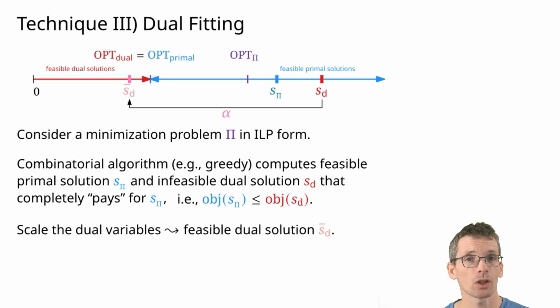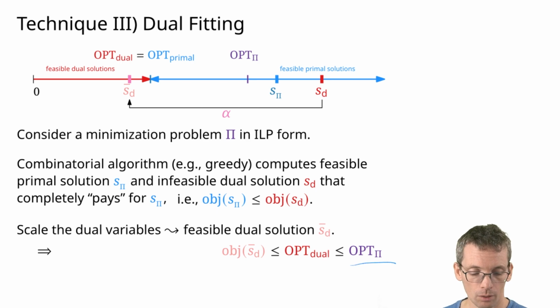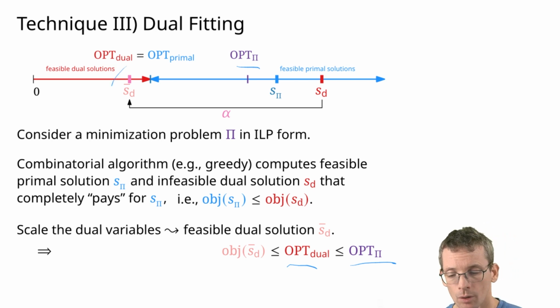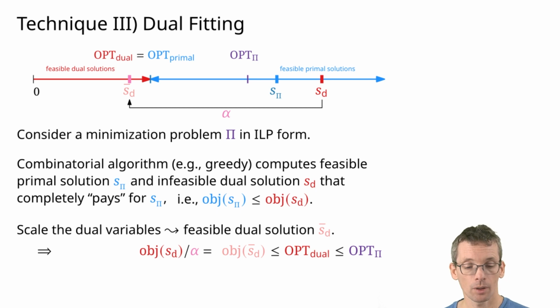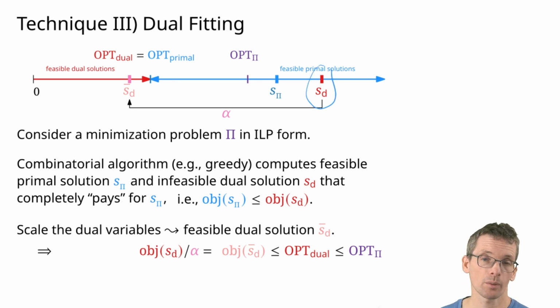And if we can achieve that, then the bound on the approximation factor that I get is exactly the scaling factor. Because if you take a look at the optimal solution, this is an upper bound for the optimal dual solution, which is an upper bound for the feasible dual solution that we had, which upper bounds the infeasible dual solution that we had divided by alpha.